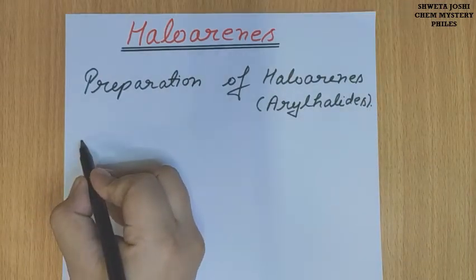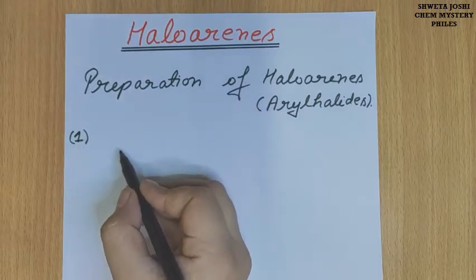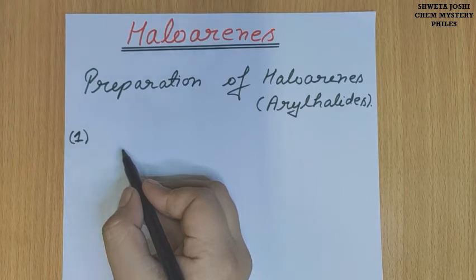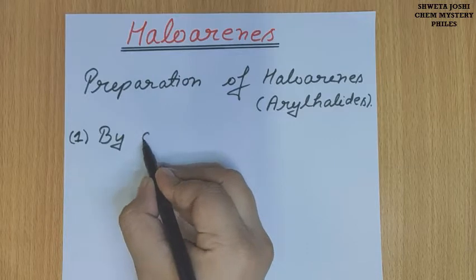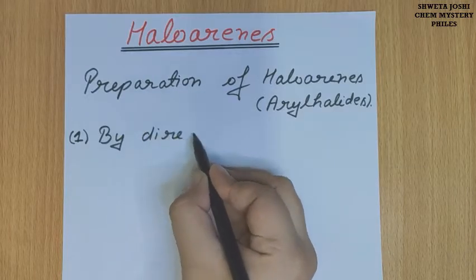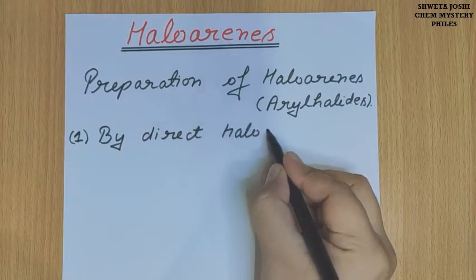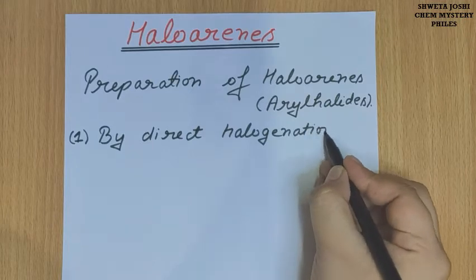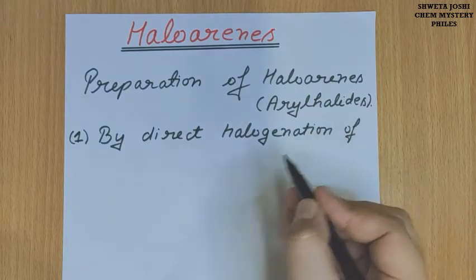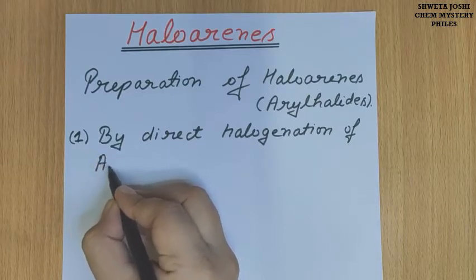Now, the first preparation method is by direct halogenation of aromatic hydrocarbons.